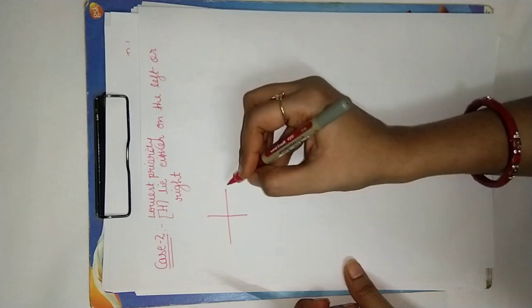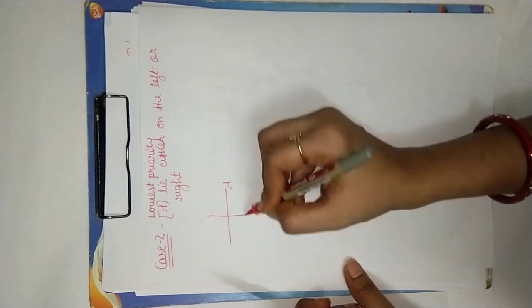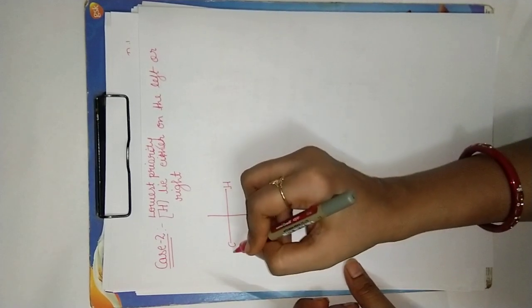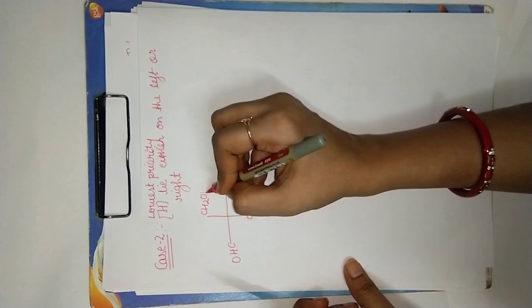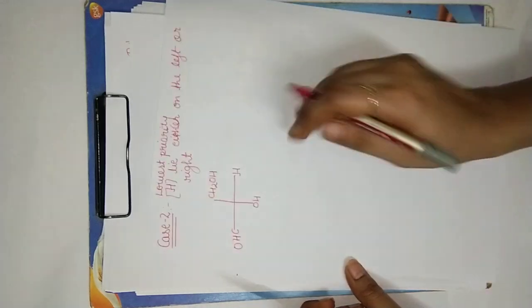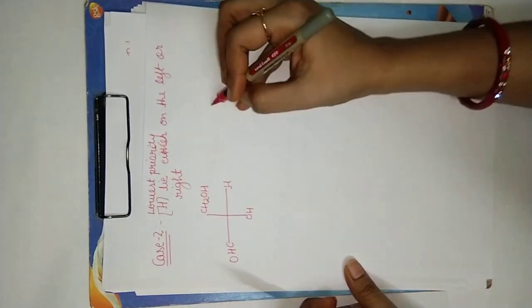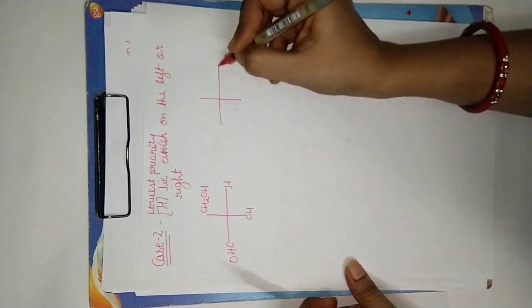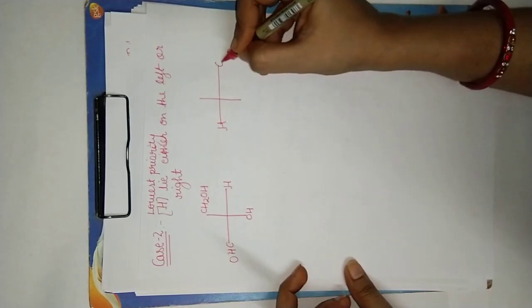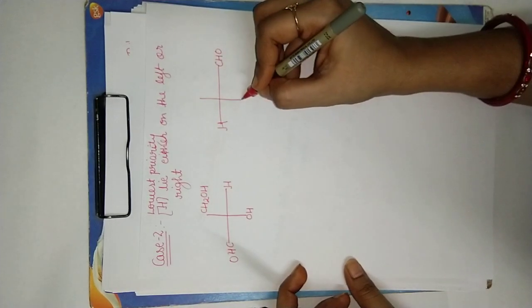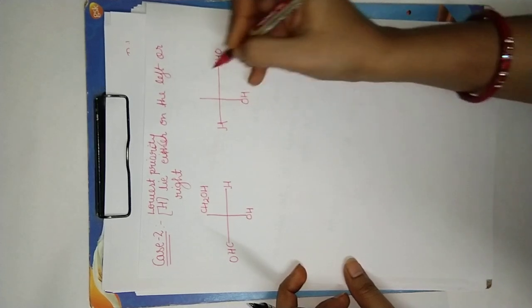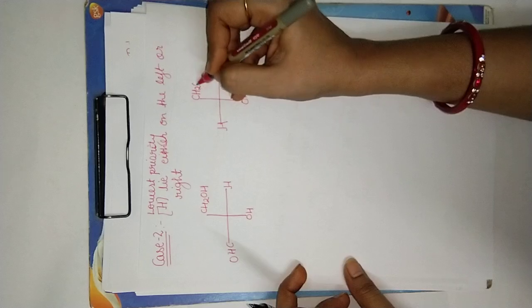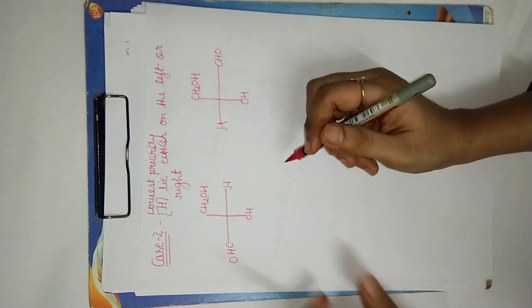If we have H, OH, CHO, I am taking the same example. If H lies on the right, then what will happen?